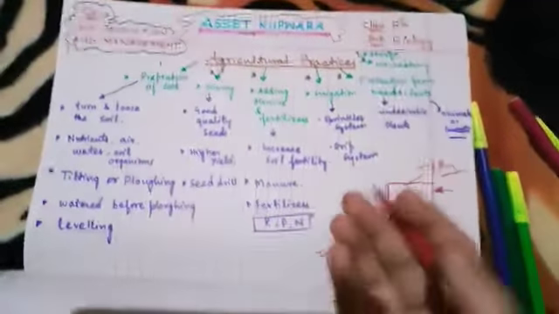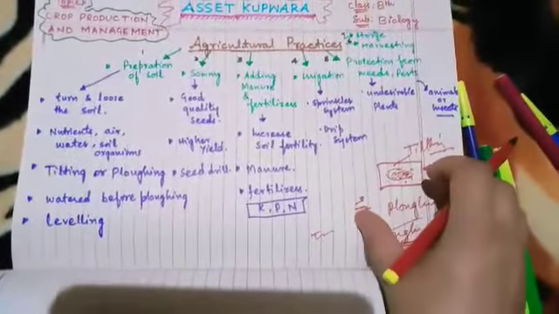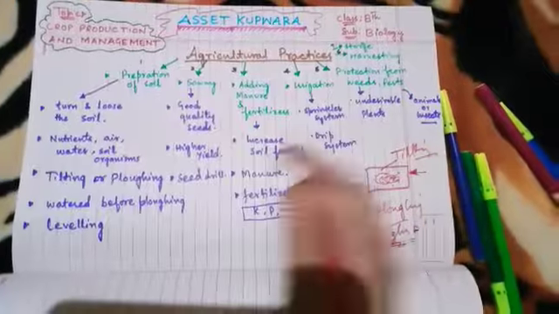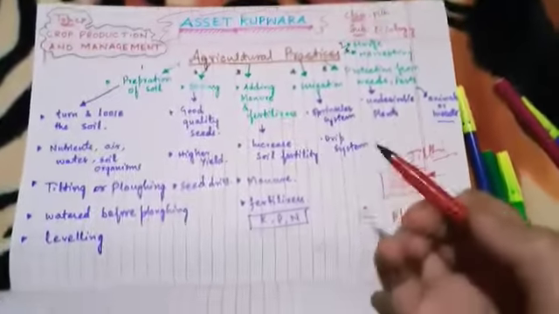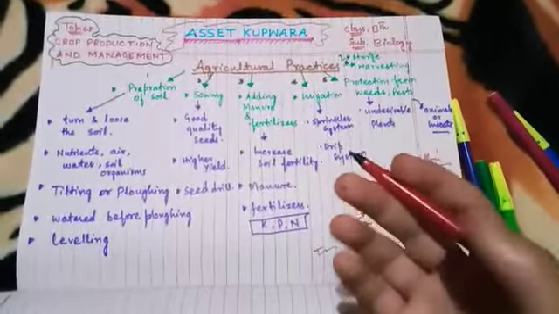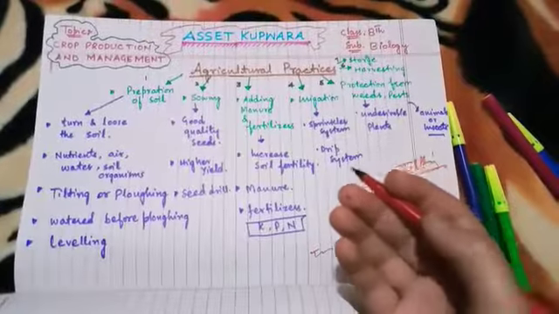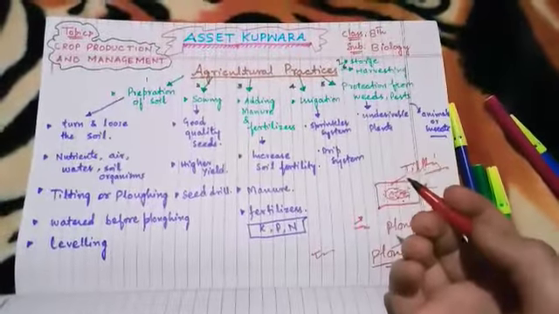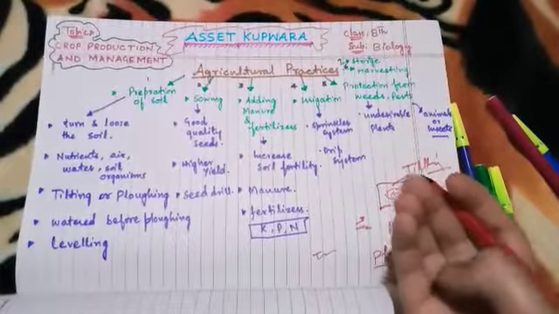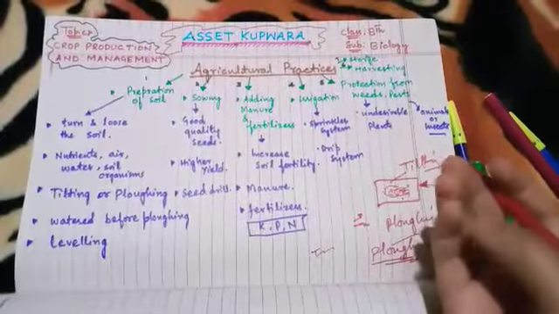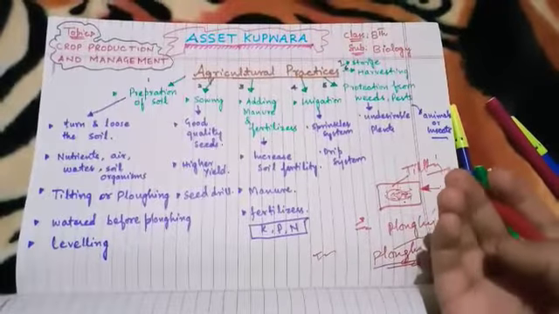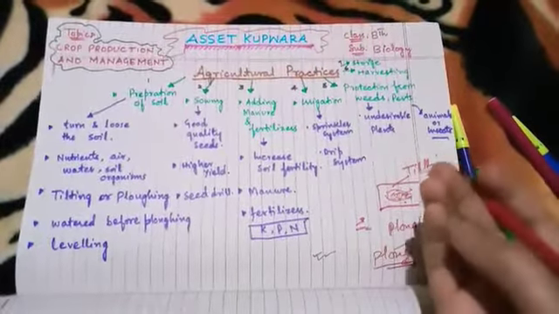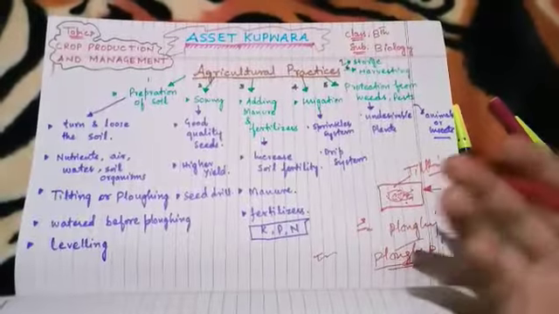Why is this done? What is the purpose of doing this tilling? You all know that soil is a rich medium of nutrients. It contains different nutrients, for example chlorine, zinc, potassium, and nitrogen, which is fixed by plants.